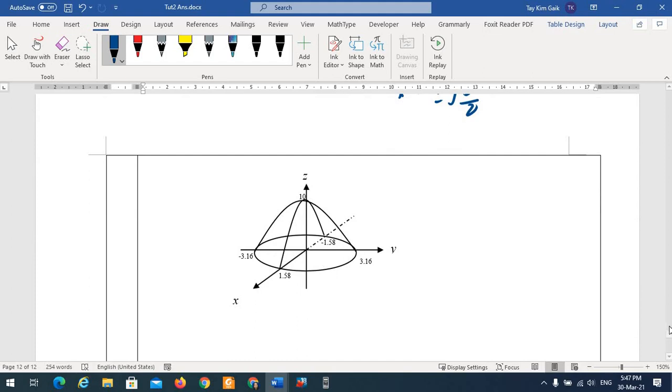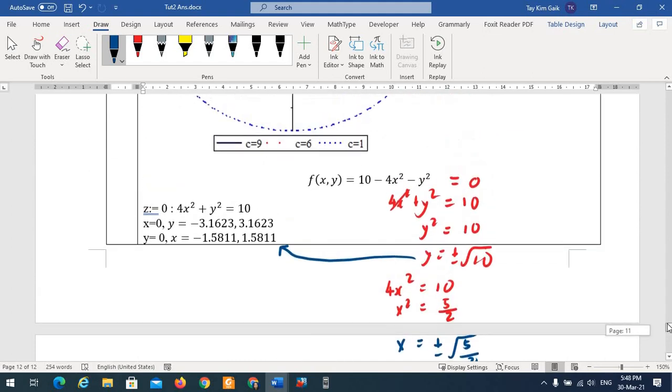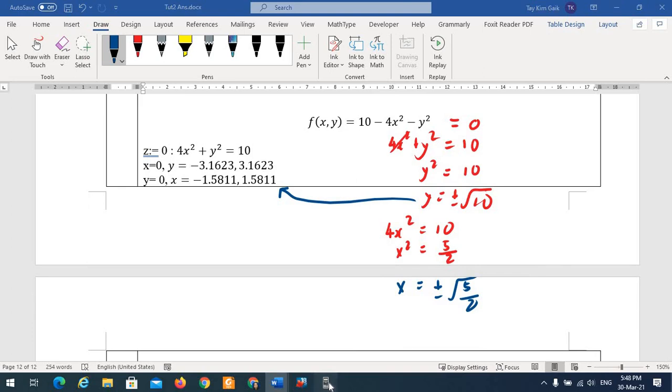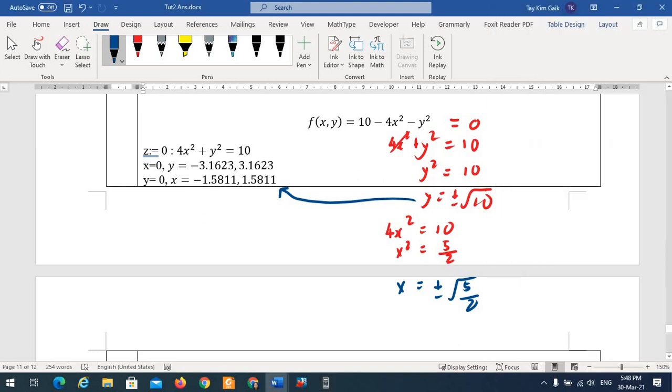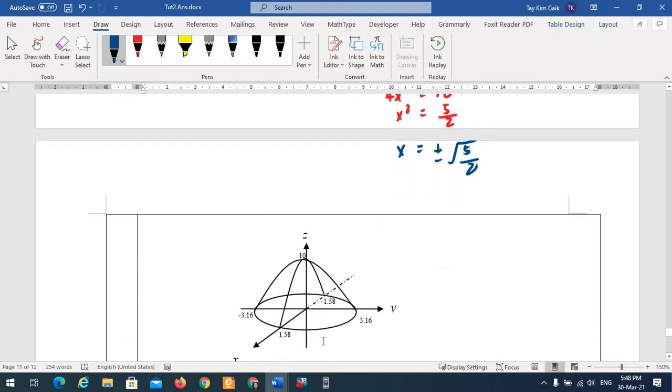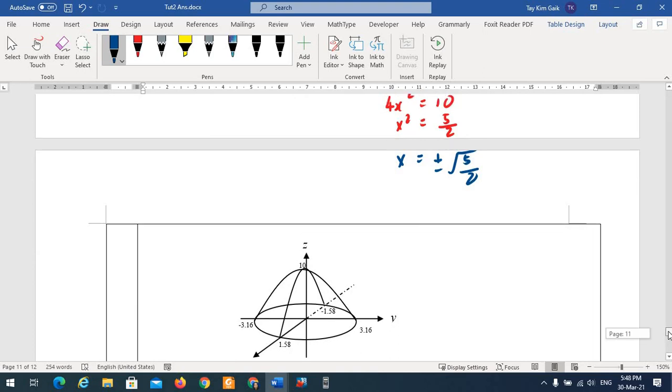The x-intercept happens when y is 0, 4x squared is 10, x squared is 5 over 2, x is positive negative 1.58. So this is a 3D graph.